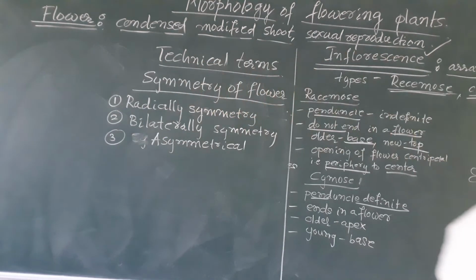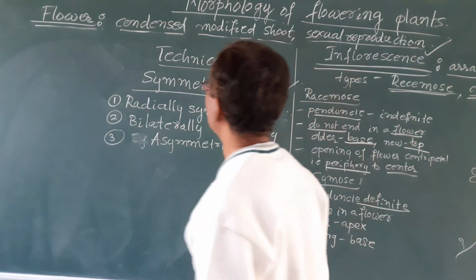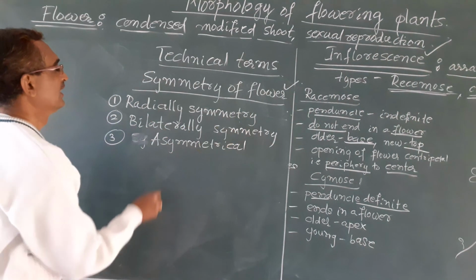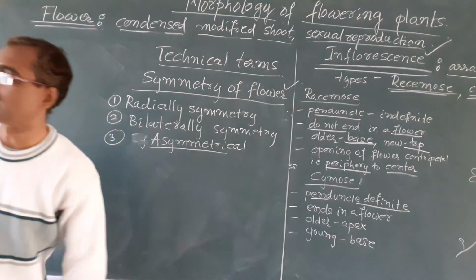So there are three types of symmetry in flower. One is radial symmetry, second is bilateral symmetry, and third is asymmetrical.